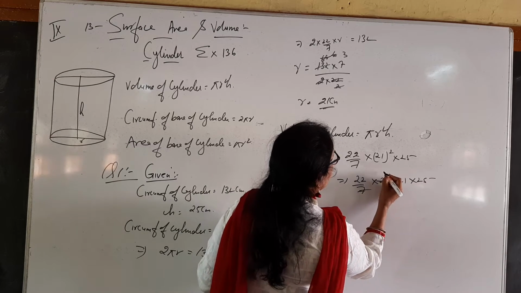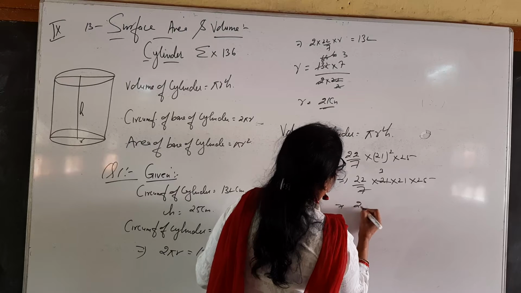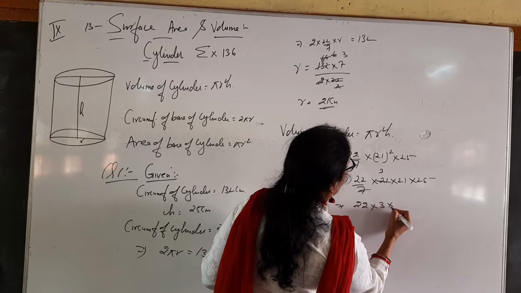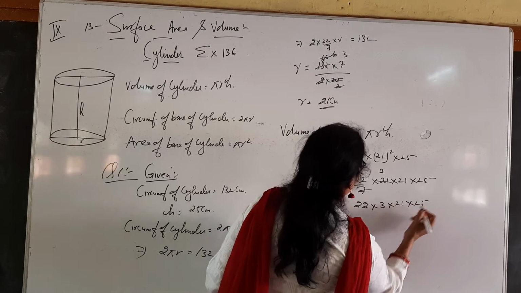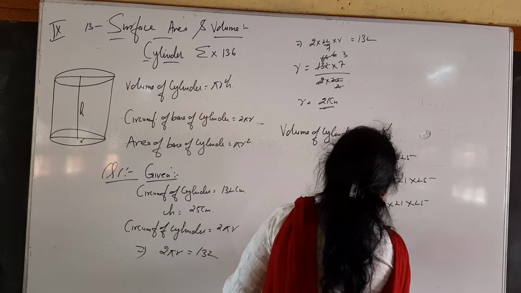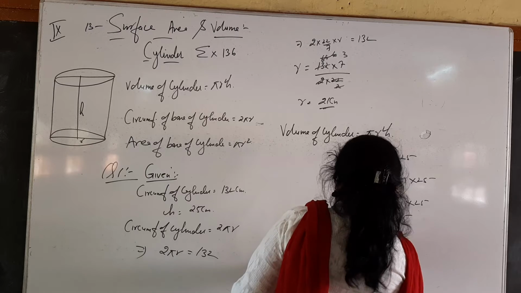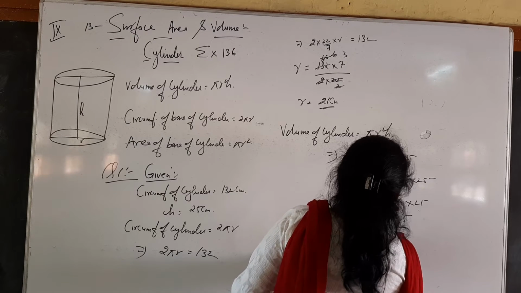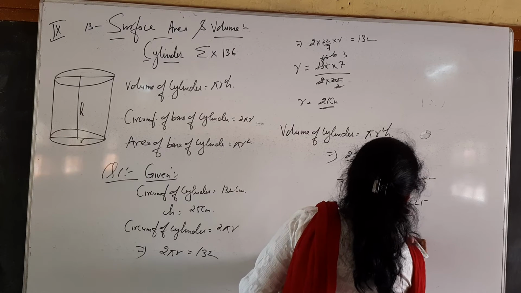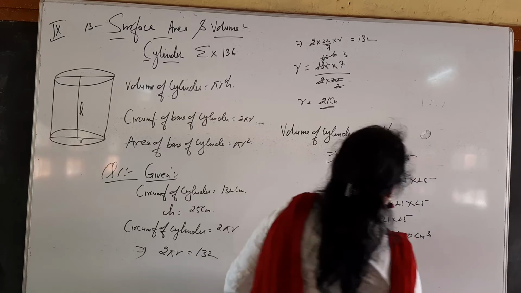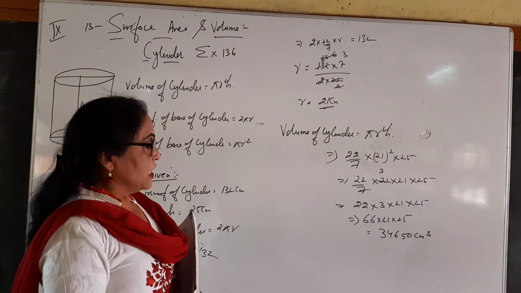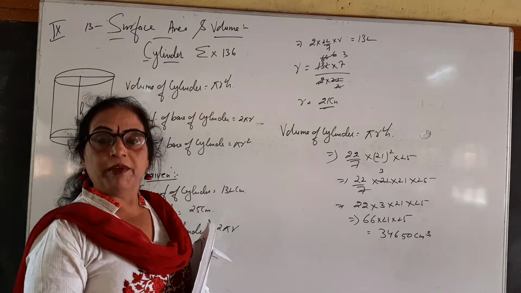This cancels 3 times, so it is 22 into 3 into 21 into 25, or 66 into 21 into 25. If you multiply, you will get 34650 centimeter cube.